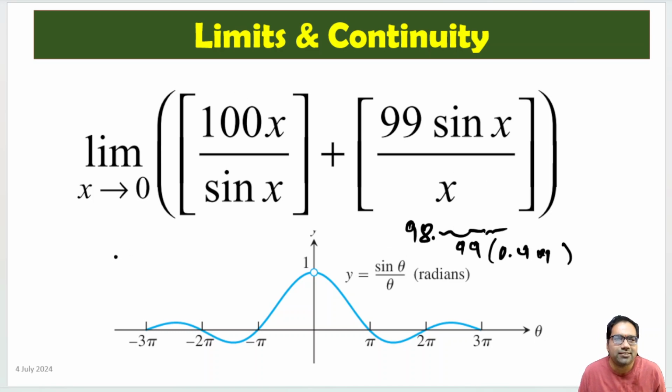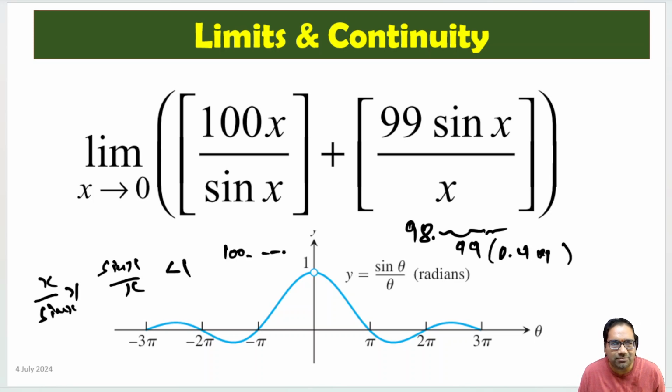Similarly, sin x by x is always less than 1. That means x by sin x is always greater than 1. It is just the inverse. So 100x by sin x, where x by sin x is always greater than 1, is slightly above 1. This will be 100 point something.